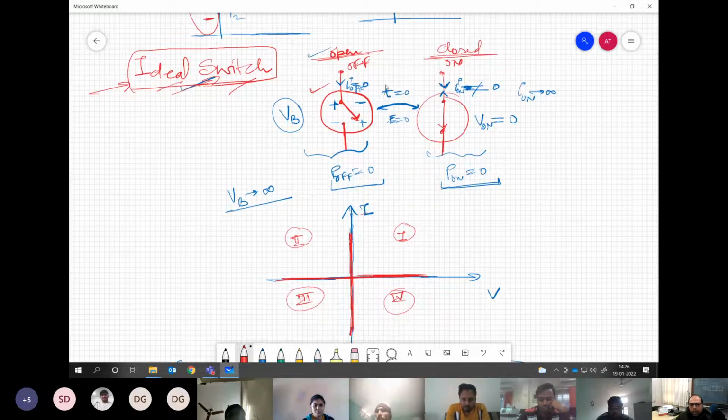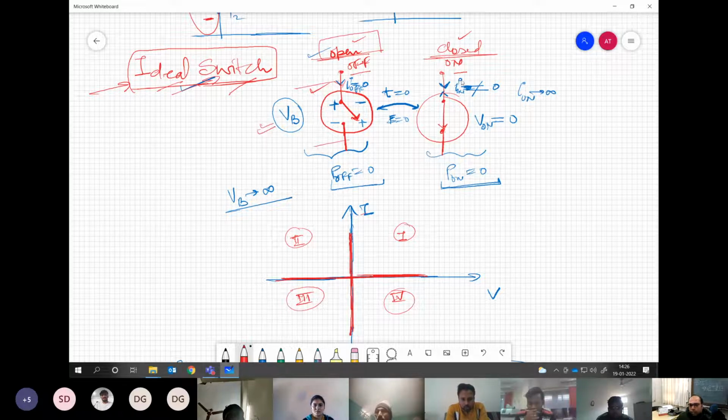So when we say that we have a switch, definitely we may have two states for the switch. One where the circuit is open and another where the circuit is closed. This is called the off state and the on state. During the off state, there cannot be any current flowing through the switch, and whatever voltage you apply across the switch, it will be able to block.